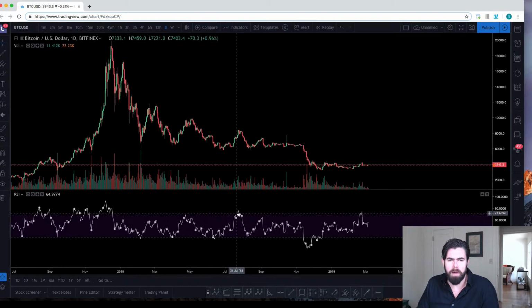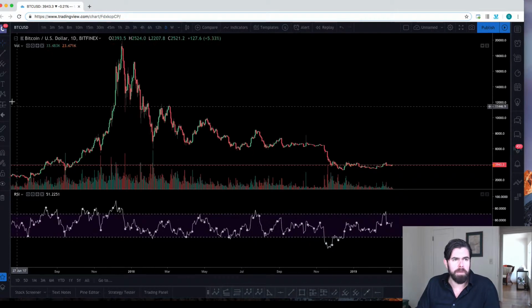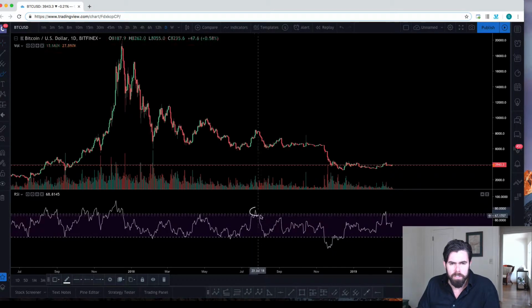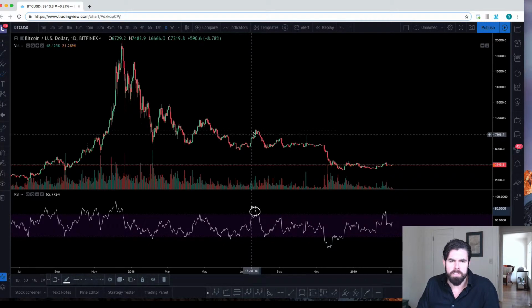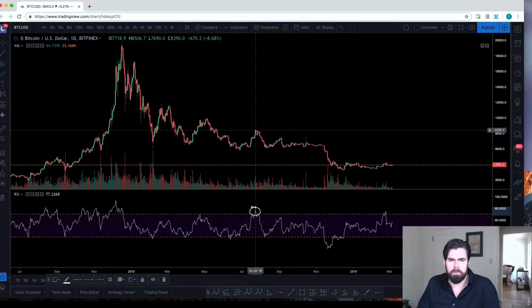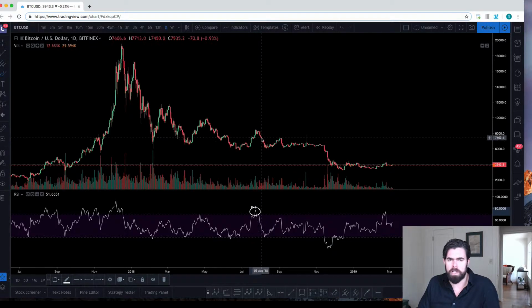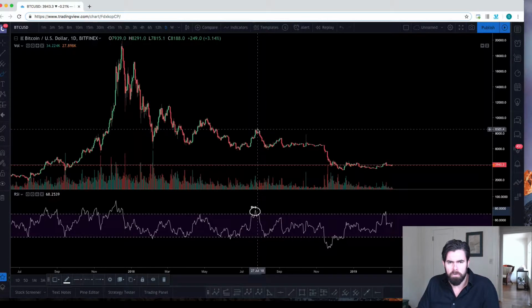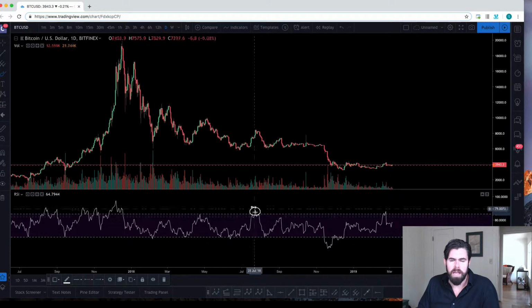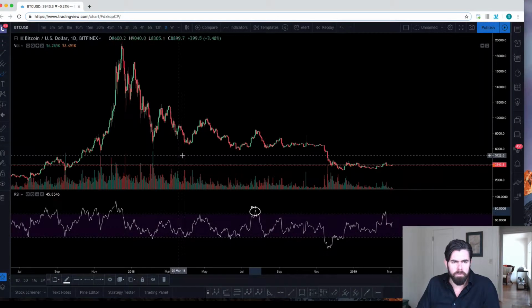We get overbought. Right here, for example, we have an overbought region, and we can see that we're kind of exhausted. Too many buyers have come into the market, and there's going to be some kind of retracement. As you see here, we have a nice pullback right here after we were overbought. Let's go back here for another good example.